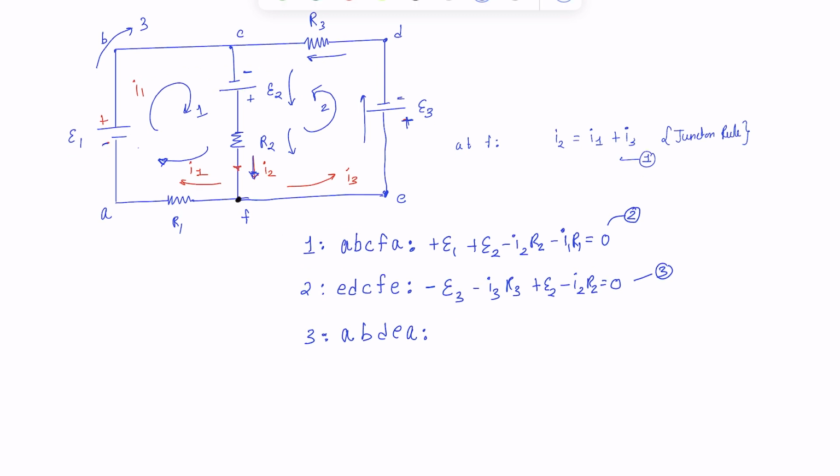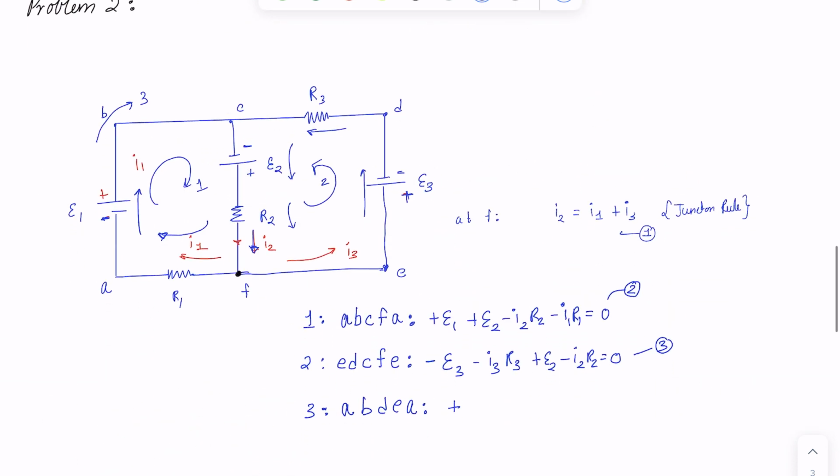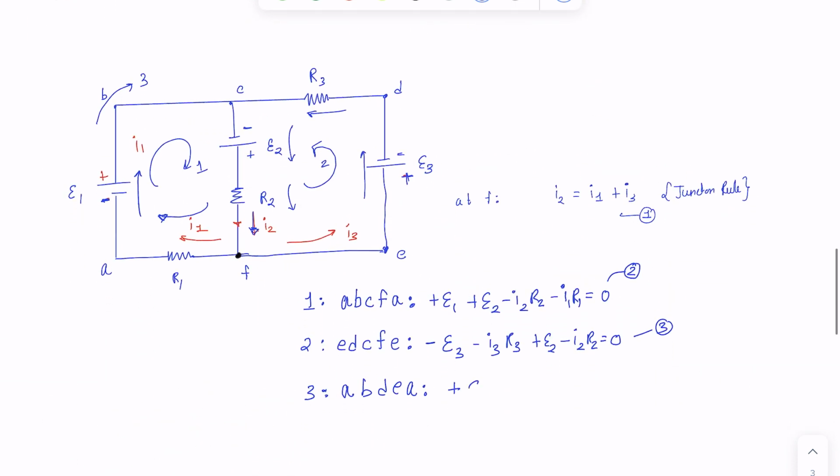So now we have loop 3, and loop 3 starts at point A. It's going to be plus because we are moving in this direction, and the first terminal I encounter is negative, so I'll include the other terminal's sign as we have seen in this case. So it's going to be plus epsilon 1.